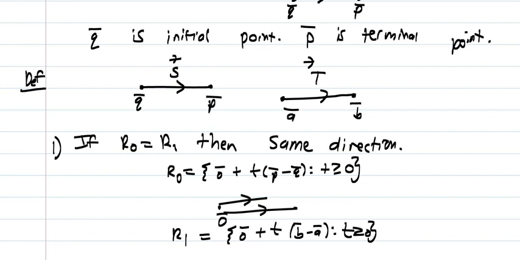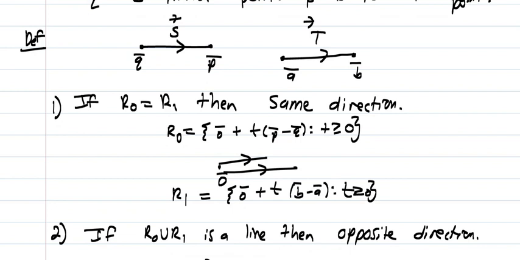So if you want to know whether they're in the same direction, you take the geometric vectors, you form the appropriate rays, and if the angle between the rays is 0, then we say S and T are in the same direction. If it turns out that you form these 2 rays and the union of ray naught and ray 1 is a straight line, then we say these geometric vectors are in opposite directions.